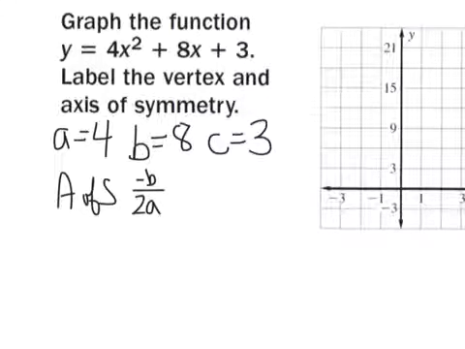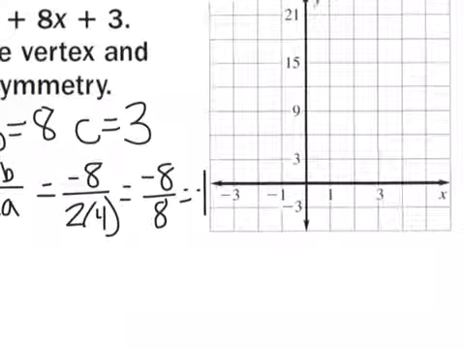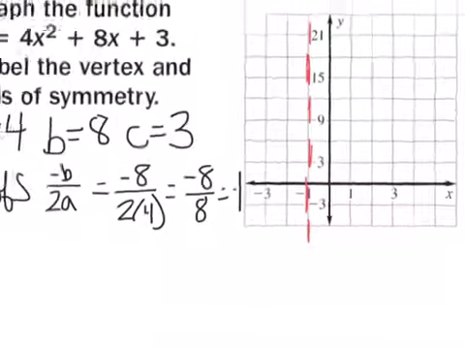I'm just doing it to help you remember it, which is really negative 8 over 2 times 4, which is really negative 8 over 8, which gets me negative 1. Okay, so my axis of symmetry, I'm going to draw that in red like I have one, is at negative 1, making that dashed line there. Again, this is just to help me know where I can reflect my parabola.